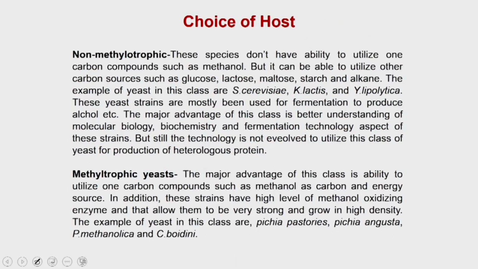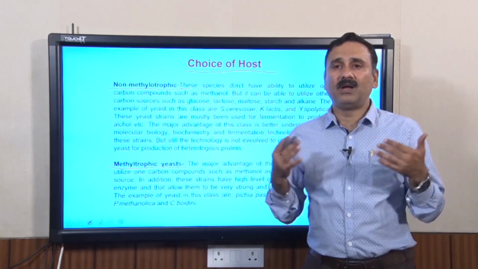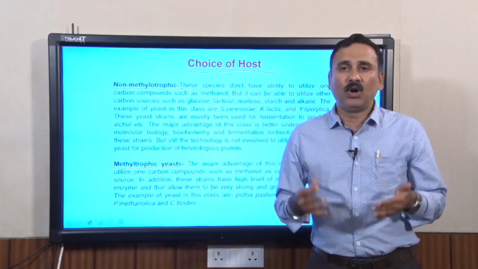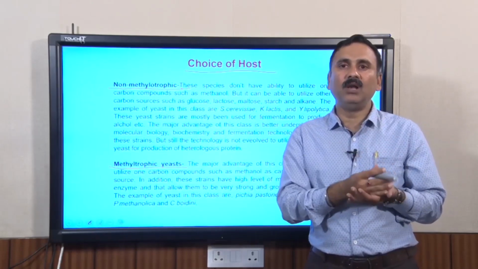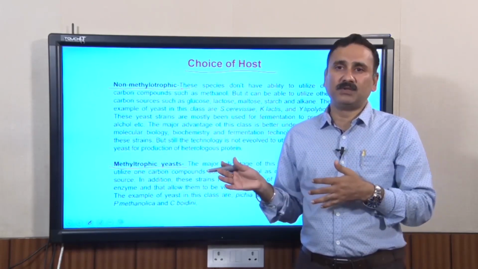Now, in the yeast you have two choices of host. One is called the non-methylotrophic host and the other is called the methylotrophic host. Non-methylotrophic host means these yeast organisms do not depend on or accept methanol as a carbon source, and instead of methanol they use other carbon sources.